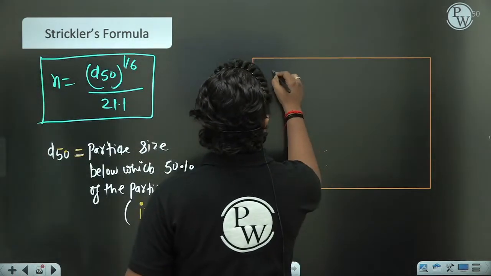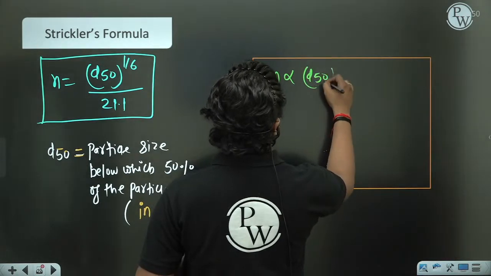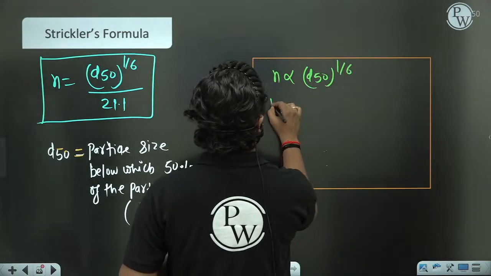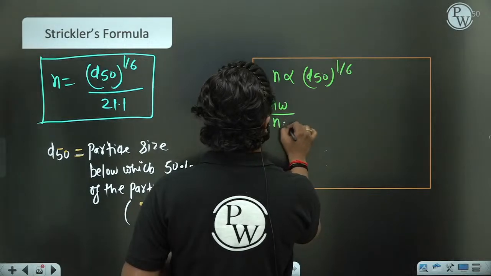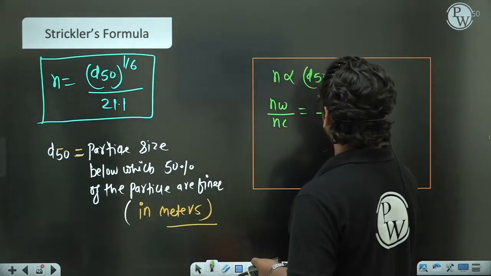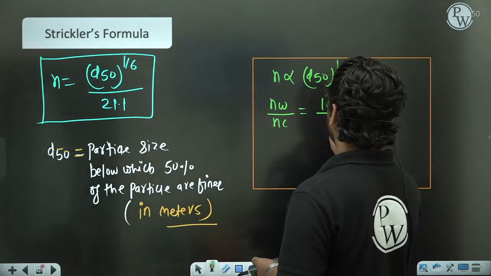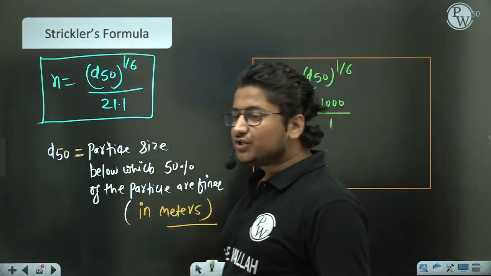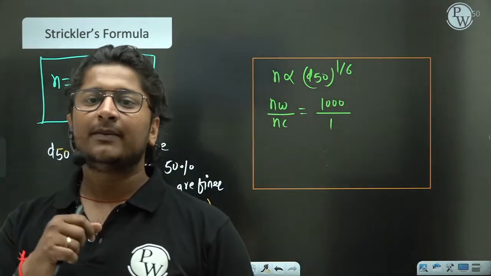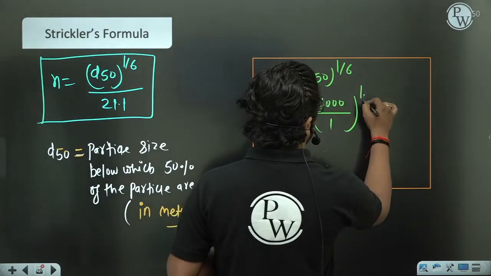So n is directly proportional to d50 to the power 1 by 6. Yes or no? So n wrong by n right: for n wrong the d value will be 1000, and for n correct it will be 1 meter, because instead of meter he has taken mm. So in that case, 1000 to the power 1 by 6.